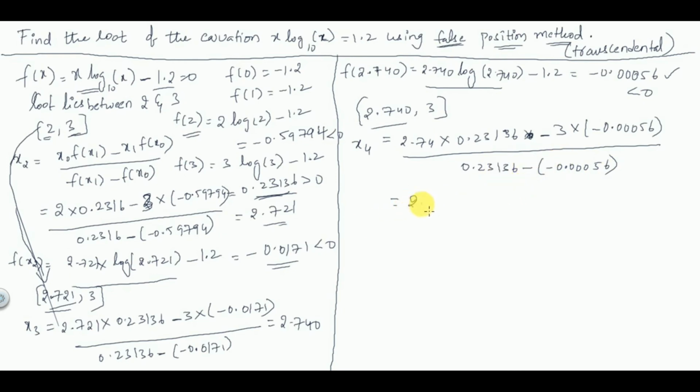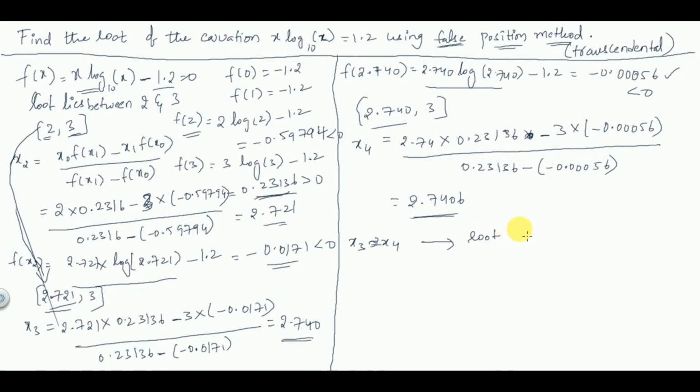If you do this, you'll get around 2.7406. So x3 is 2.740 and x4 is approximately 2.740 only. Since x3 is almost equal to x4, we can stop here.